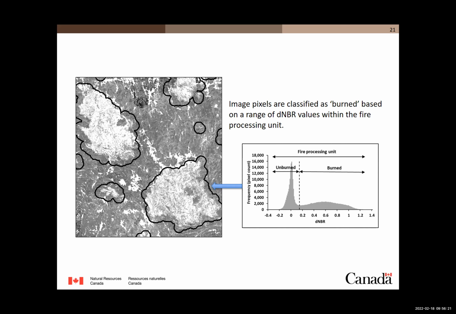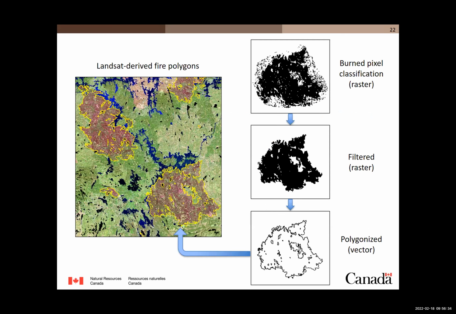But one can get even more complex than just manually thresholding by looking at a histogram, and you can start getting into some automated stats analysis to set the range of threshold. But once we set that threshold, basically what we're doing is classifying the area within the processing unit so that all burned pixels greater than 0.2 become the mapped area. And that's what you get in the top right of my slide here.